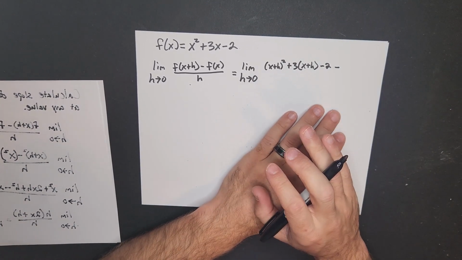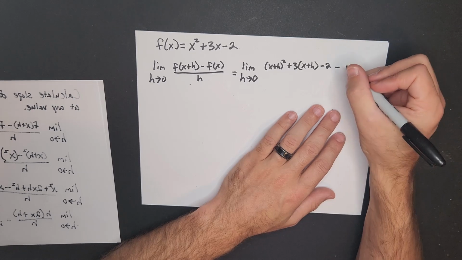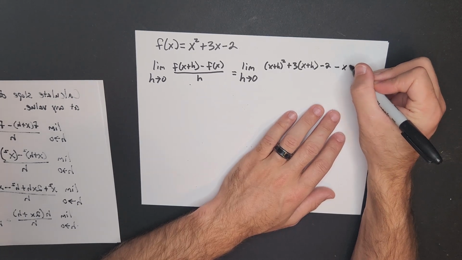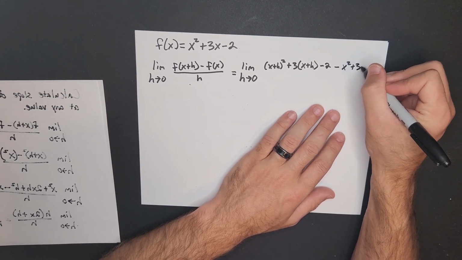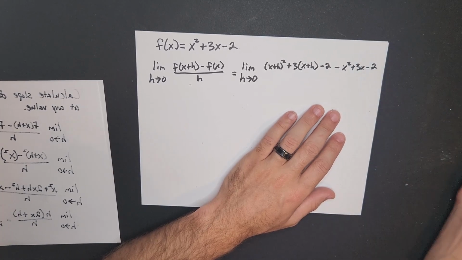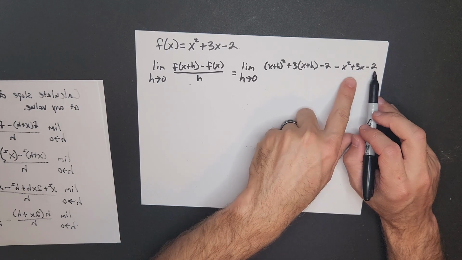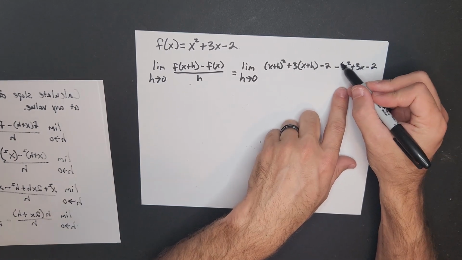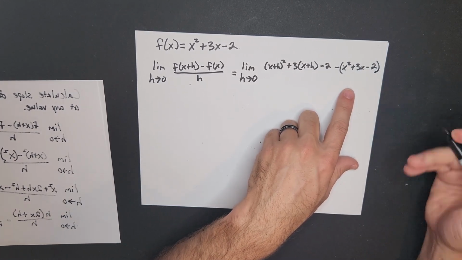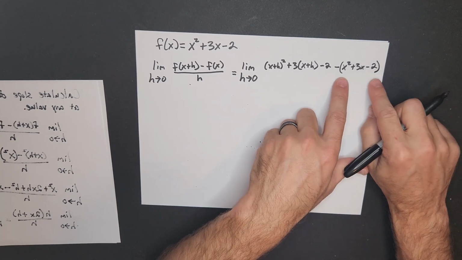Minus, and here's why we need parentheses. Okay, if I just leave this as x squared plus 3x minus 2 with no parentheses, notice my 3 is positive, my 2 is negative. That's not what we need because it is subtracting the entire function as a whole, meaning I have to put parentheses around it.